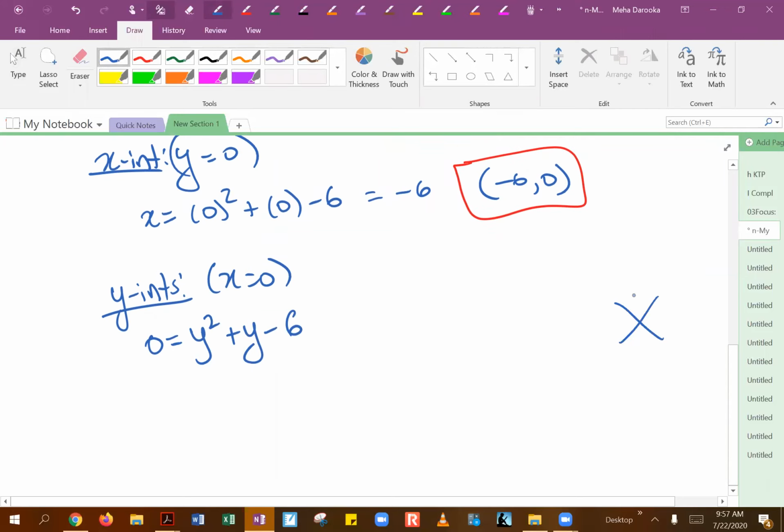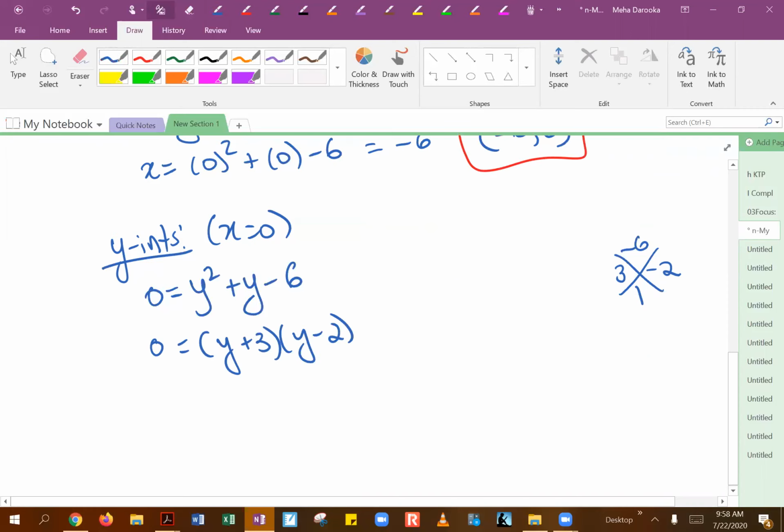Positive 3, negative 2, okay. When we multiply 3 and negative 2, we get negative 6. When we add 3 and negative 2, we get positive 1. Very nice. So you can factor this into y plus 3 and y minus 2.